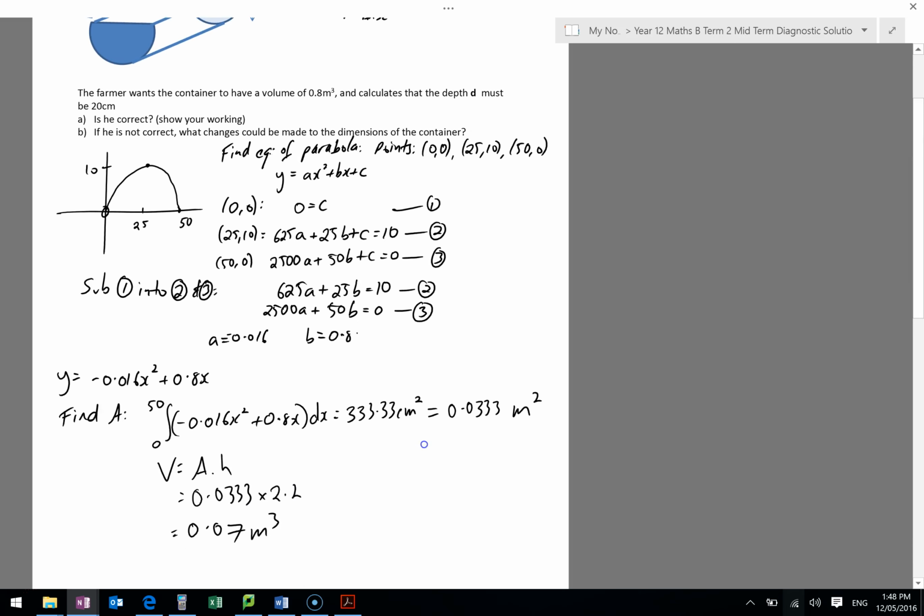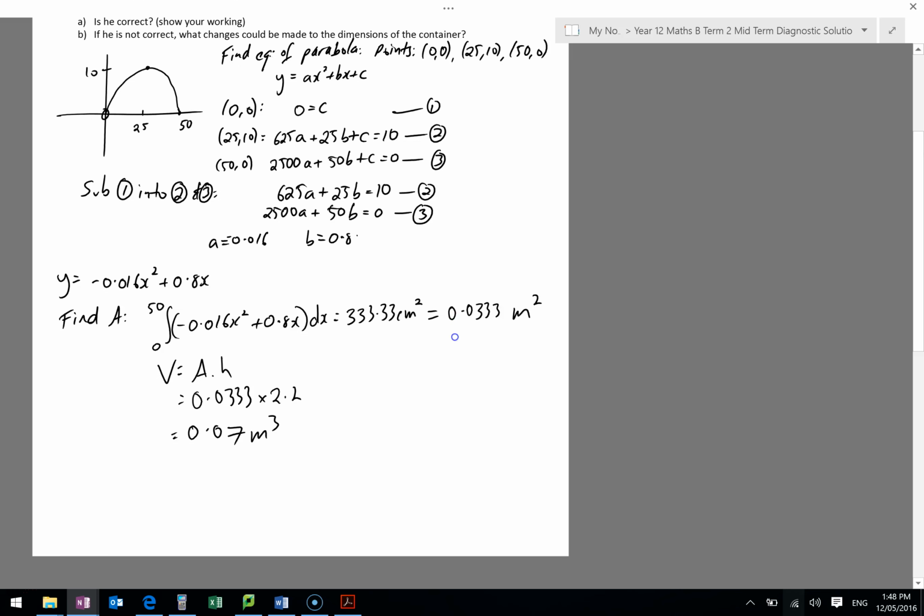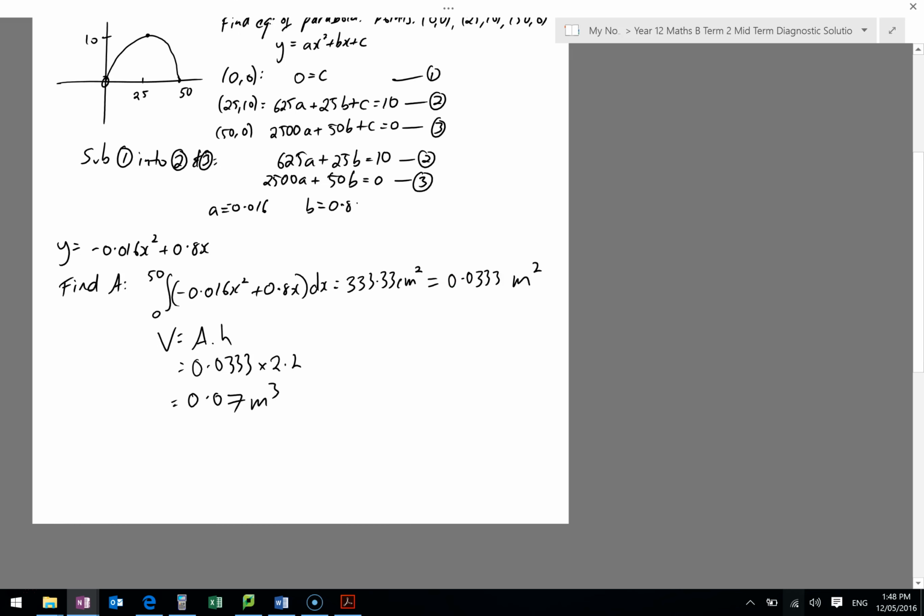He's saying it's supposed to be 0.8. I think I'm out by a factor of 10 somewhere. Not sure where it is, but I'm just showing the process of how to go about it. Either way, I'd say the volume is not 0.8 meters cubed, and he would need to make it deeper to increase volume.